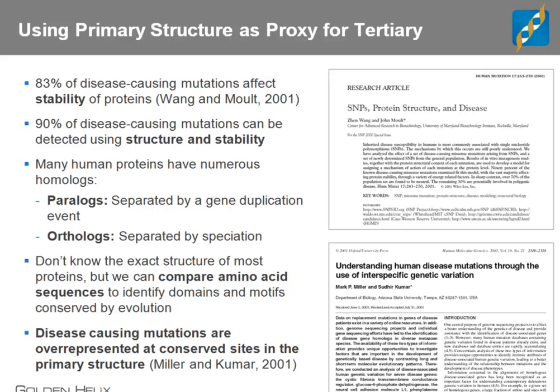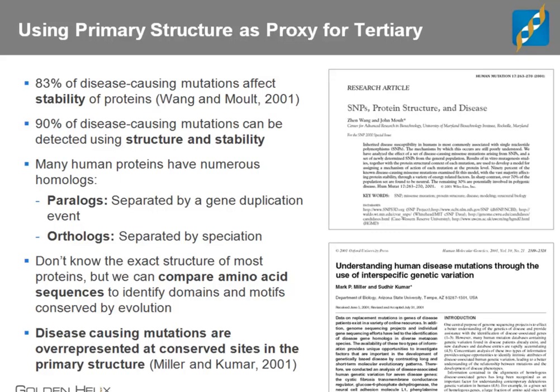And it could either be a paralog, which is separated by a gene duplication event, so a second human protein that at some point in time has been copied and appears either on a different chromosome or elsewhere on the same chromosome. And then there are orthologs, which are homologs separated by speciation events. So if we look in evolutionary relatives of humans, we can find the very same protein very often, and it's the result of having a common evolutionary ancestor.